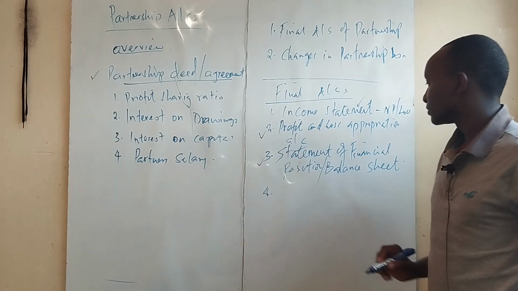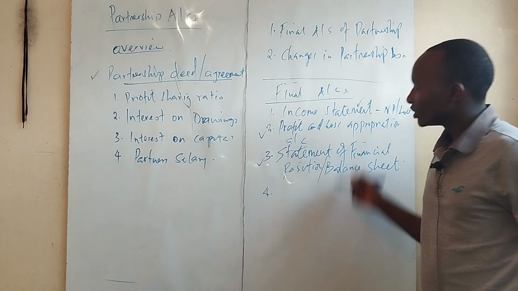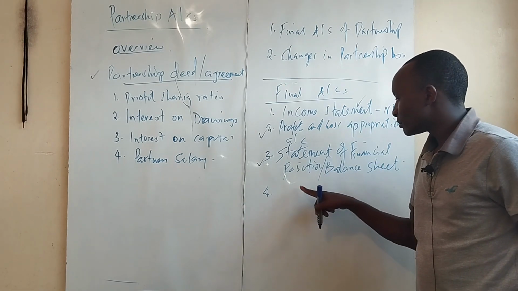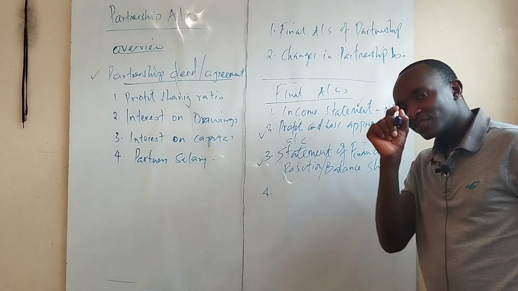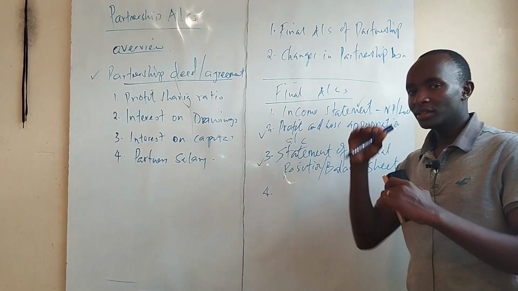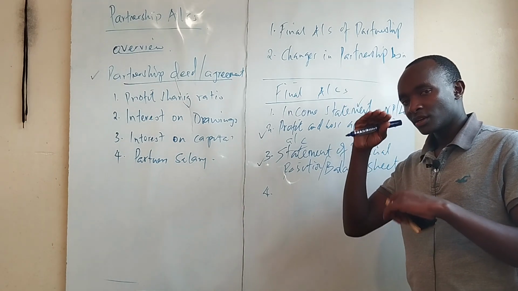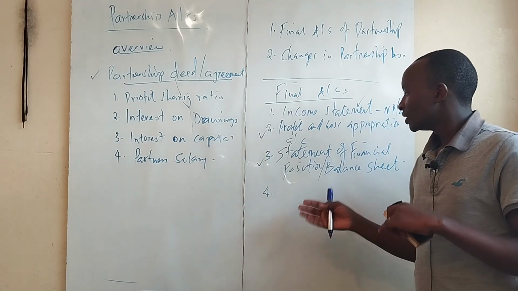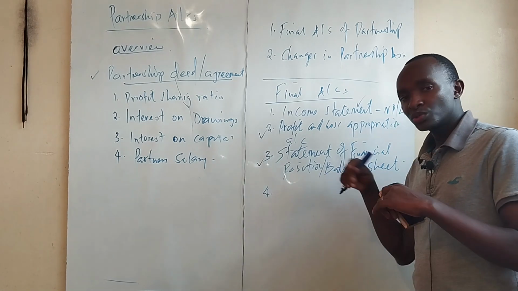Then we have the statement of financial position. We are also going to break this down further by doing some adjustments on the finance by. Do you still remember the finance by section, the format of the sole trader? That finance by section is going to be amended here.